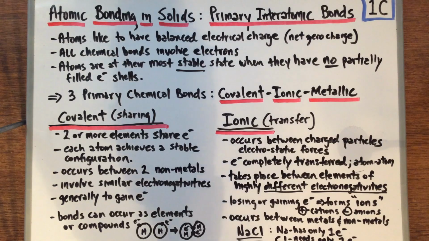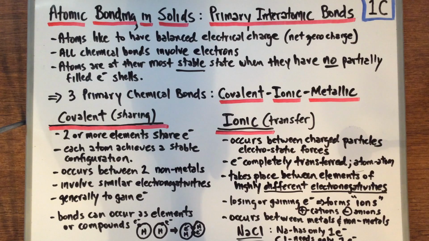Atoms are at their most stable state when they have no partially filled electron shells, or what we're calling orbitals. So they're all trying to be like the noble gases, and they're going to do what they can to bond with other atoms.